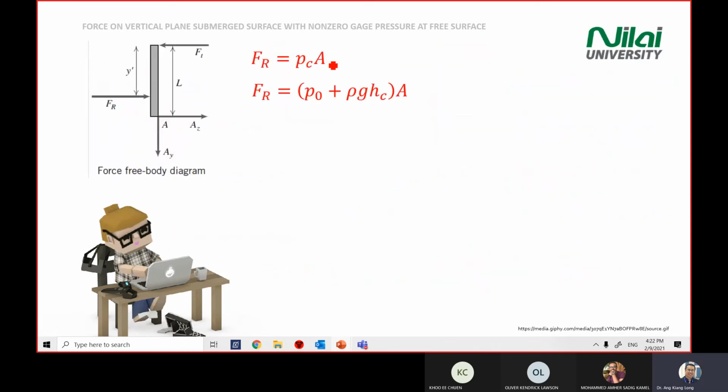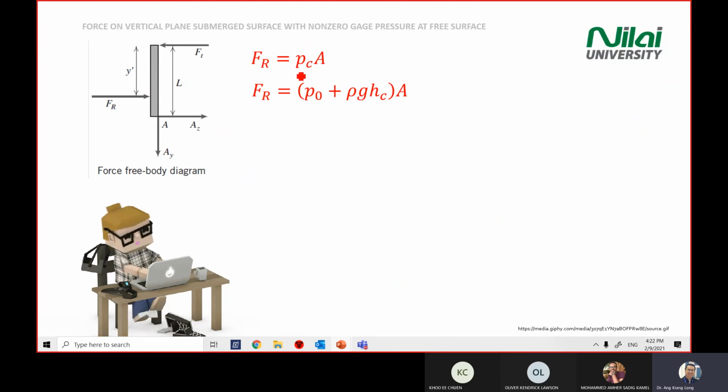So we start with the F resultant equal to PC times A. No, just now I mentioned gauge, right? It's not gauge. It's the pressure through centroid times the area.